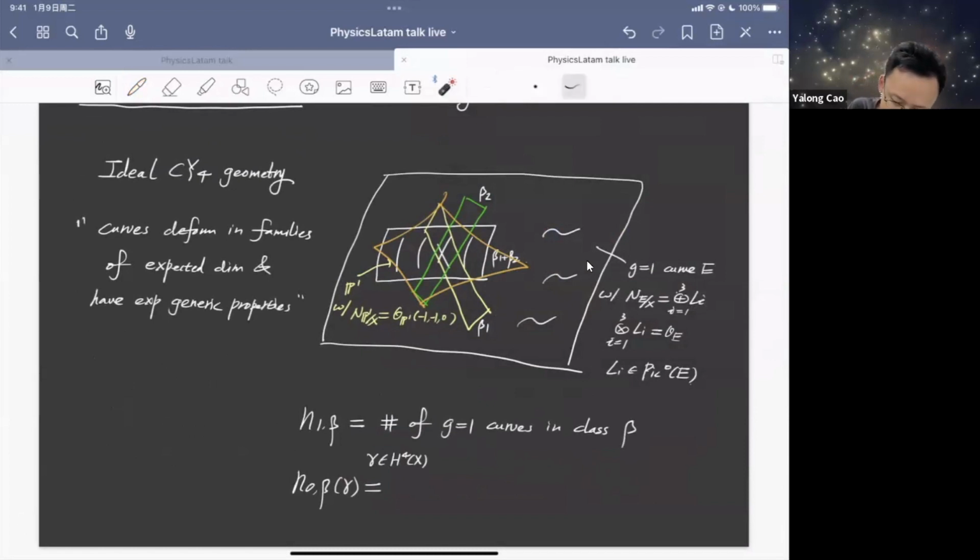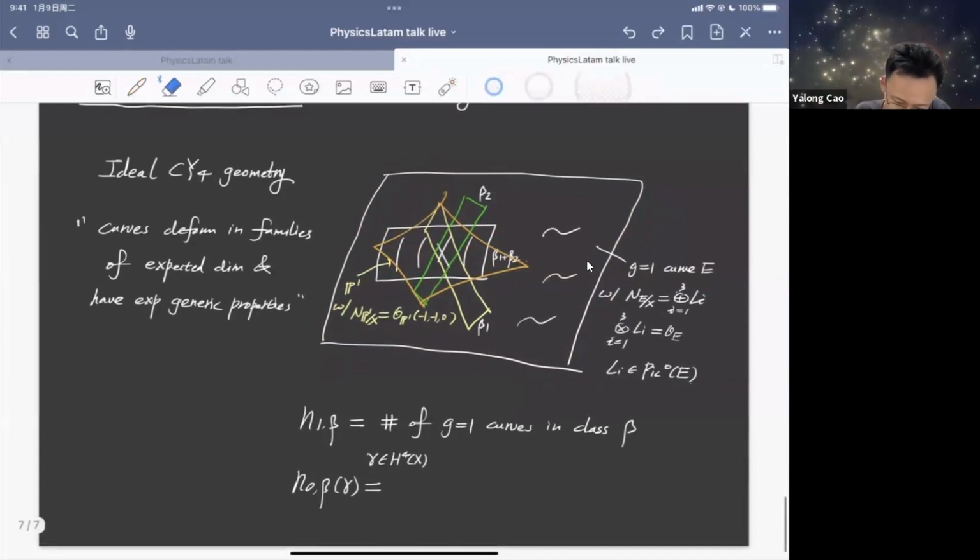Generically, this 4-cycle will miss the elliptic curve because the curve has complex dimension 1, the 4-cycle has complex dimension 2, but we are in a fourfold. So generically, they will miss each other. But such a 4-cycle will generically meet this rational curve family because they have complementary dimensions. So the two cycles intersect in a finite number of points.